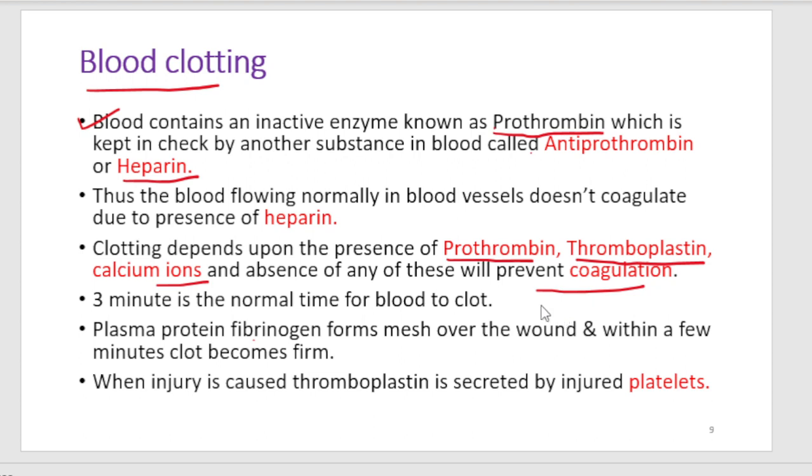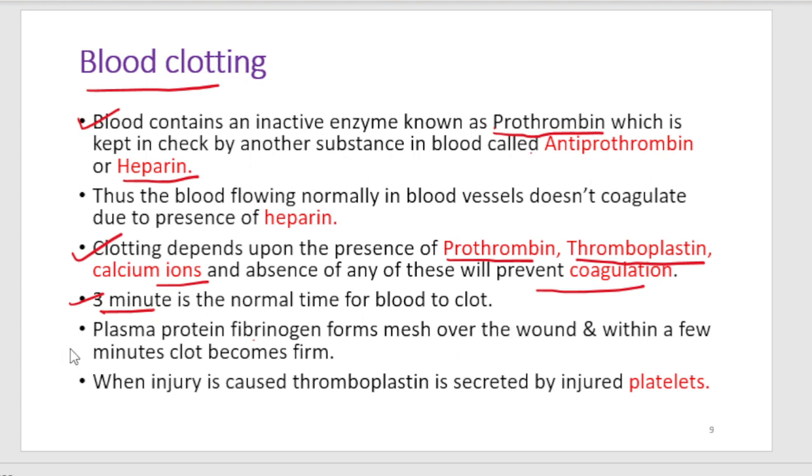If any of these components is lacking, blood clotting will not happen. The general time for blood coagulation is approximately 3 minutes, or 2 to 6 minutes.